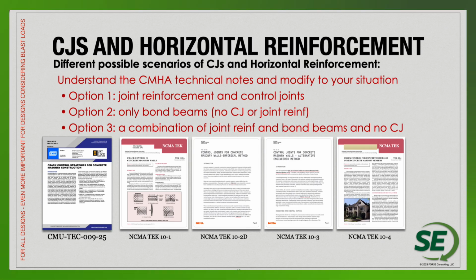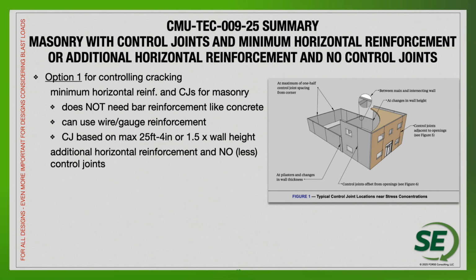Option 2 really minimizes the number of control joints, or maybe eliminates them from a certain masonry wall definition, as long as you have a sufficient amount of horizontal reinforcement in your design. Option 3 is a combination of joint reinforcement and bond beams, still having the liberty to maybe eliminate the control joints from a certain area of wall design.